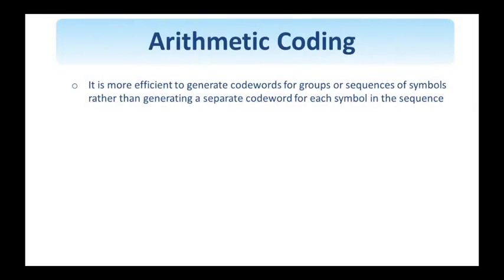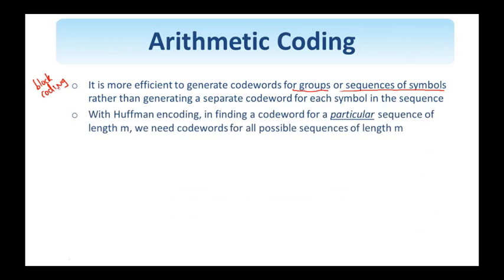We saw that it is more efficient to generate code words for groups or sequences of symbols instead of generating code words for individual symbols. And we call this block coding. In terms of Huffman block coding, though, we saw that if we want to encode a particular sequence of length m, then we have to find the code words for all possible sequences of the same length.